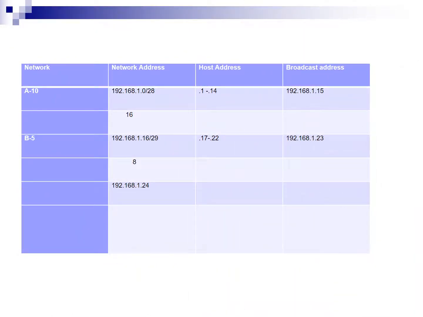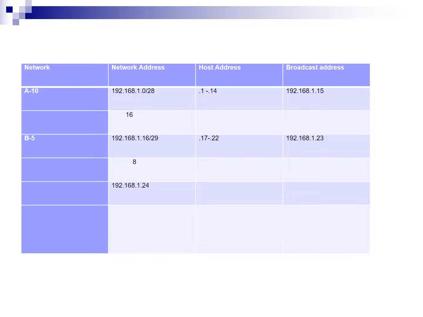So in our table here, we can see that we have our networks on the left side. Network A has 10 hosts, network B has 5 hosts. The first network address given to us was 192.168.1.0/28.